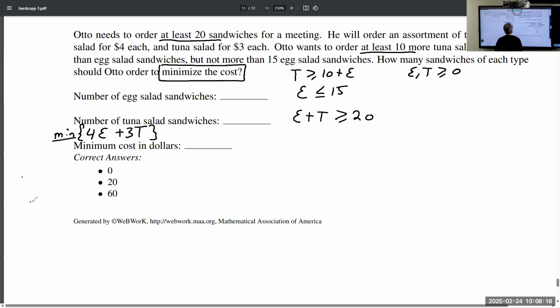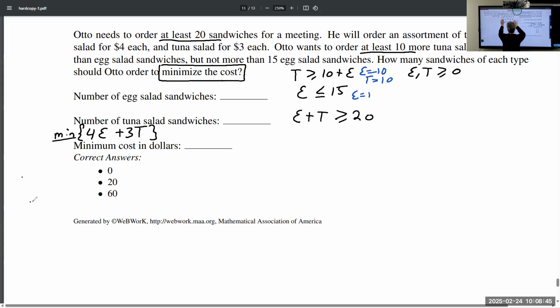All right, now if we're going to graph it, let's talk about our intersecting points. So for this, if tuna equals 0, egg equals -10. So I need to graph E equals -10 and T equals 10. So those are of interest.